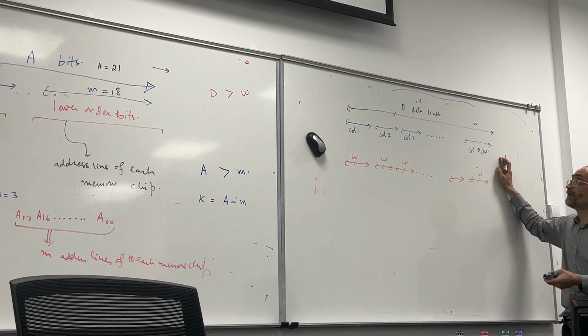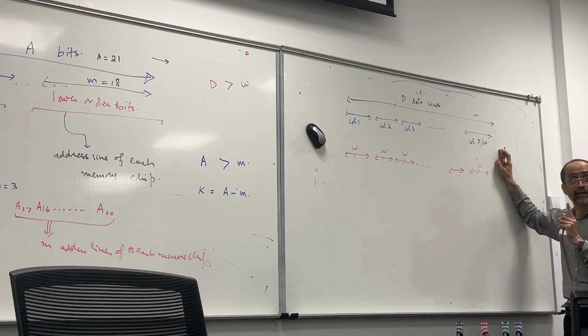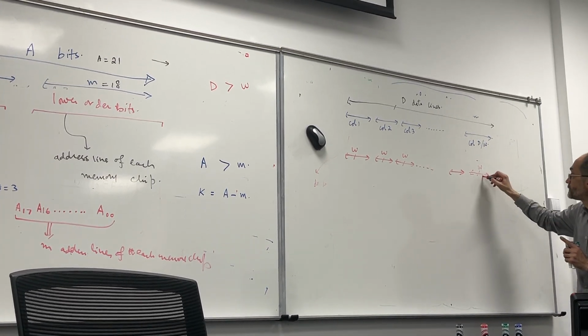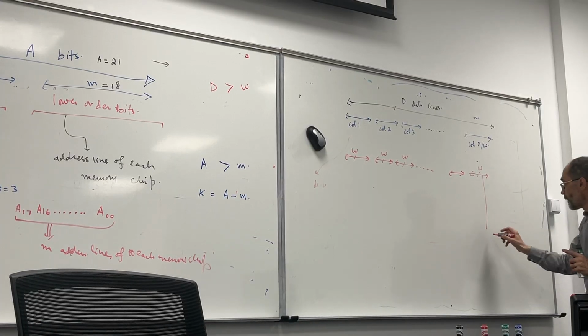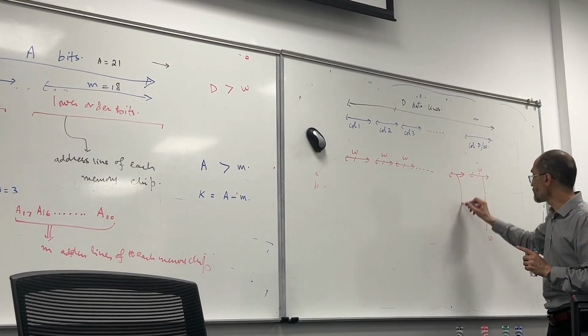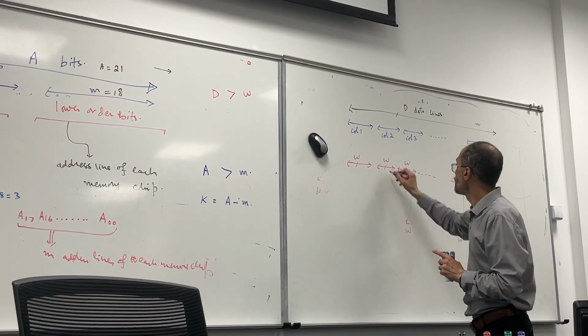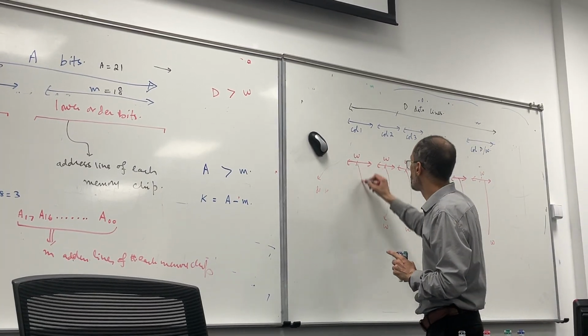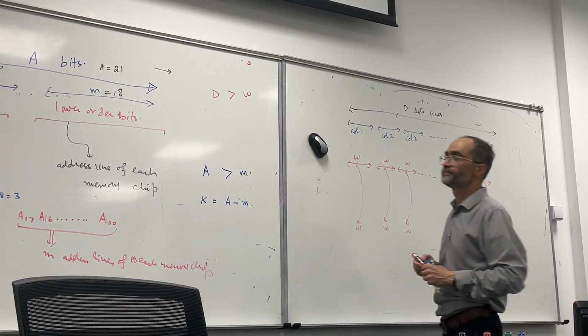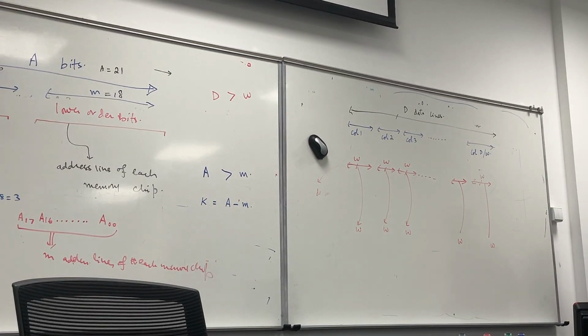Can you see how many columns there are? D divided by W, and each column provides W bits. How many total bits are there?